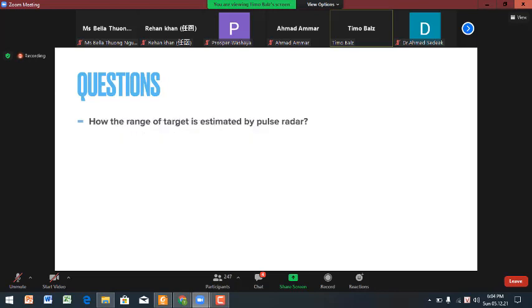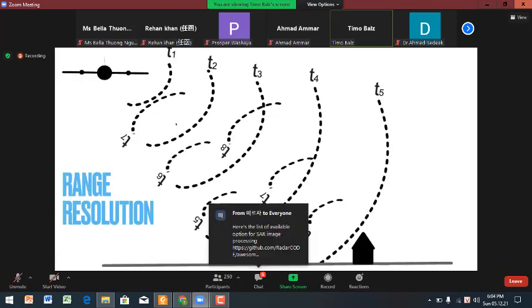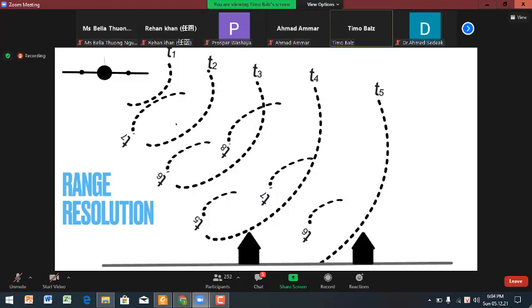So how is the range of the target estimated by the pulse radar? That's a good question. I put up that slide here again. What we do to estimate the range is basically measure the running time of the signal.